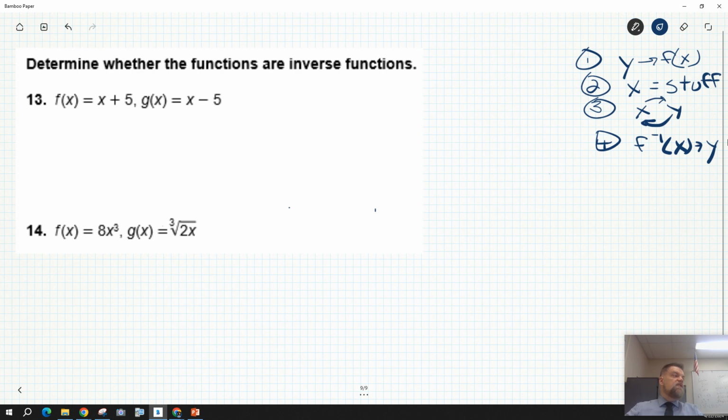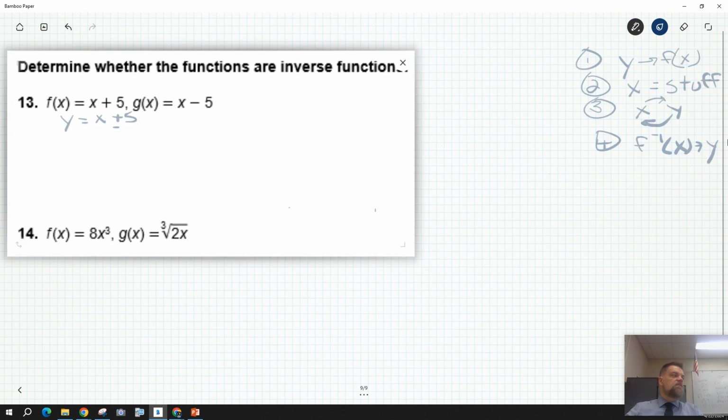Alright, so for this one, I'm going to write over here. So I'm going to say y equals x plus 5. That's the first step. Then I'm going to solve for x.